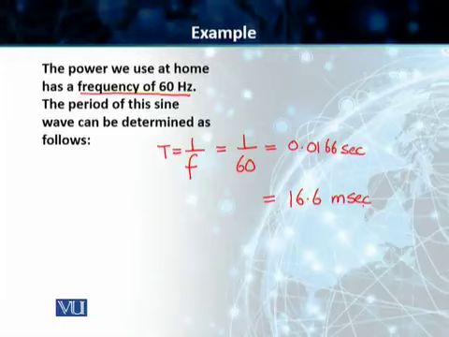Now, if you try to think about it, the period, which is 16.6 milliseconds, is so small that our eyes are not able to distinguish the rapid change in the amplitude, although the light is clearly completing one cycle in 16.6 milliseconds, and then it repeats the same pattern again. Our eyes are not sensitive enough to actually understand the difference.